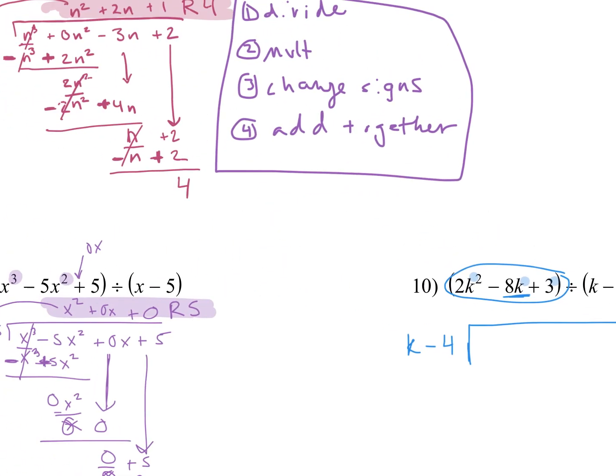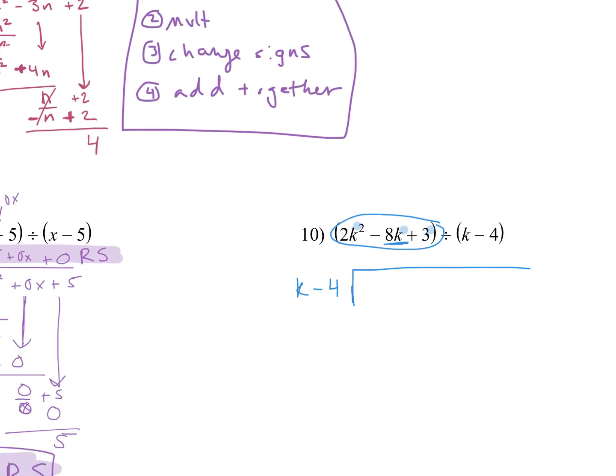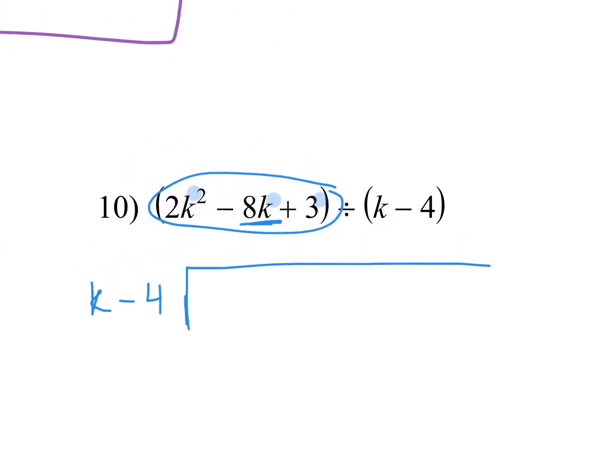Even though the other ones we did had k cubed or x cubed, we don't have to have an x cubed term. Only if that's our first one, then we need everything after. But since our first one here is k squared, we just need k squared and everything after. We have everything, so we're good. We can just put that into our box. So we have 2k squared minus 8k plus 3.